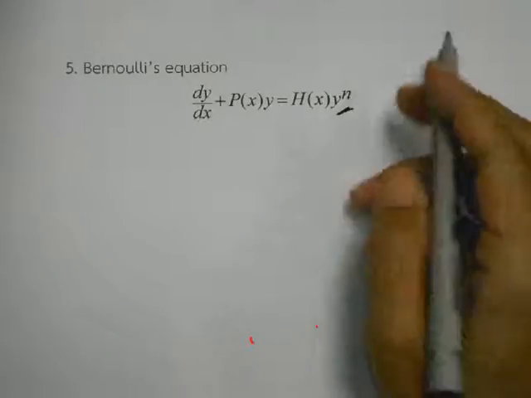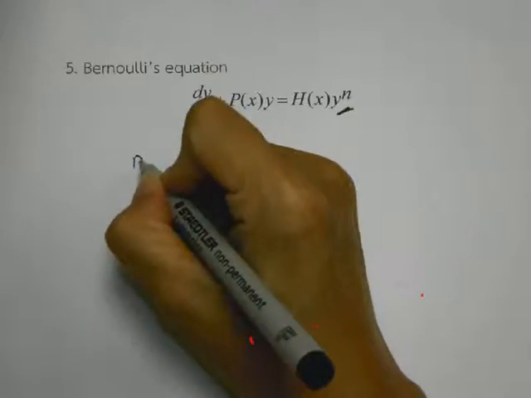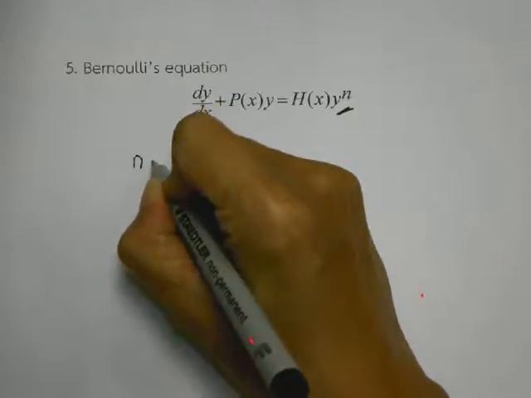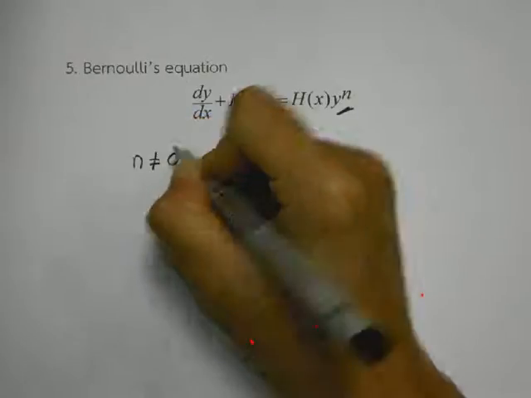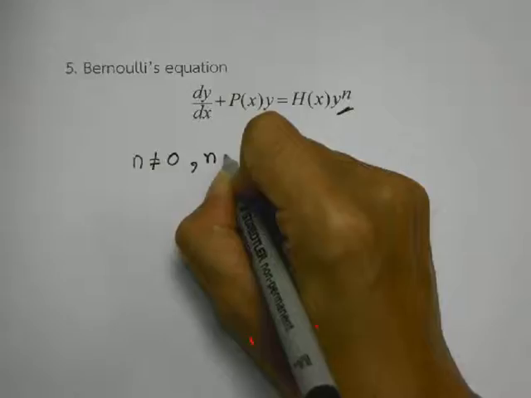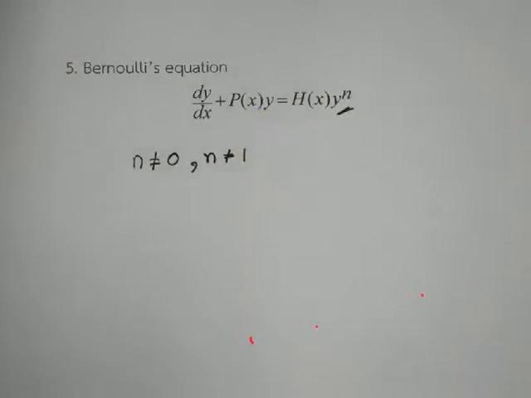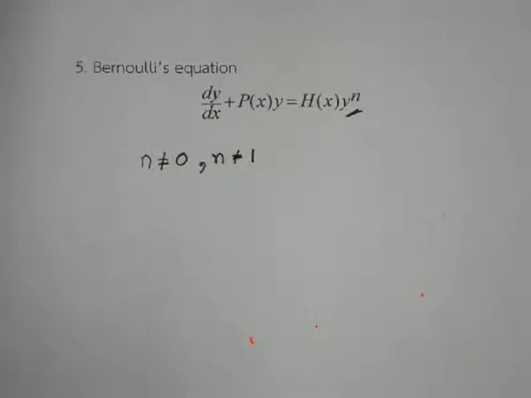Okay, so n shouldn't be equal to 0, and n shouldn't be equal to 1. Other than that, n could be any number. It could be a fraction, it could be a real number, not really just like 1, 2, 3, 4, 5.